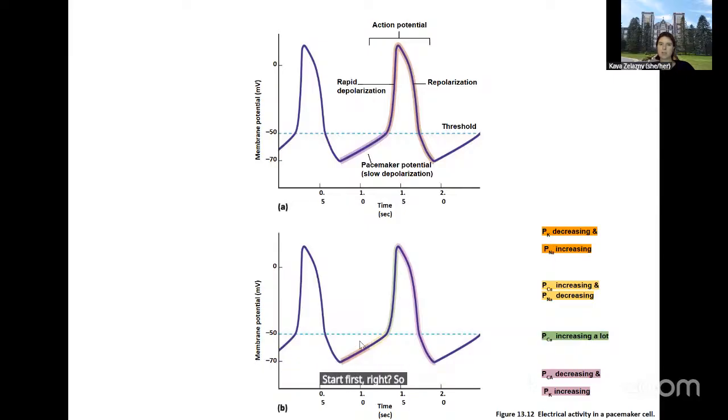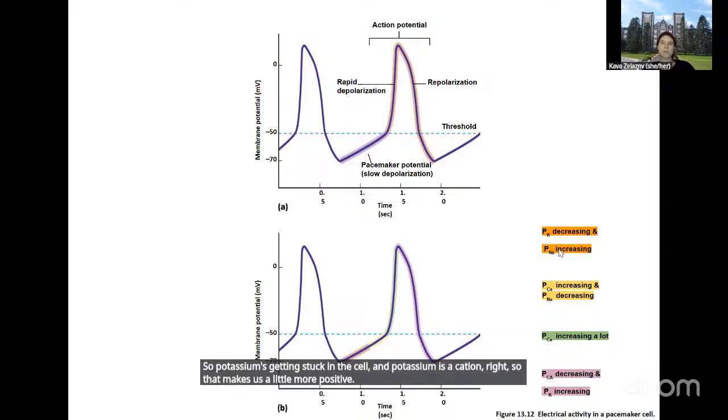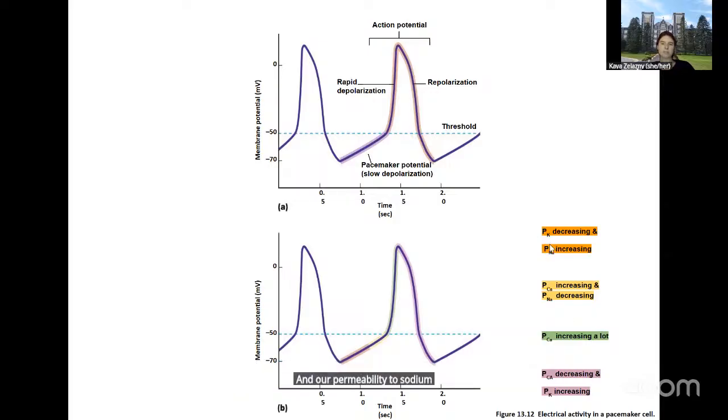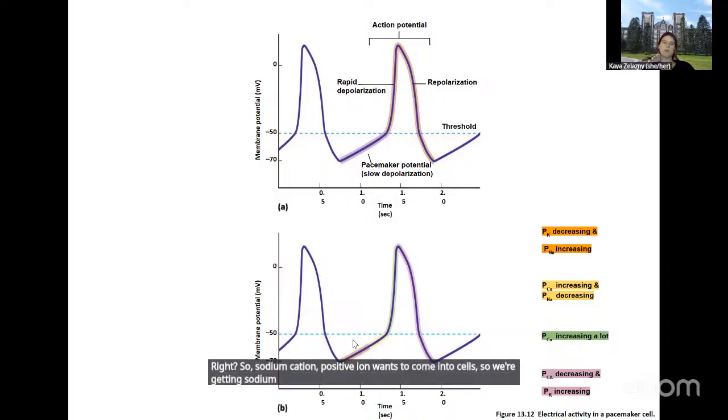So this first part of the pacemaker cell, this first part of the depolarization, we're going up a little bit in terms of our membrane potential because our permeability to potassium is decreasing. So potassium's getting stuck in the cell, and potassium is a cation, right? So that makes us a little more positive. And our permeability to sodium is increasing, right? So sodium, a cation, a positive ion, wants to come into cells. So we're getting sodium coming into our pacemaker cell. So that also pulls us up, right?